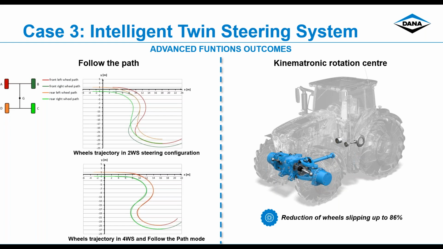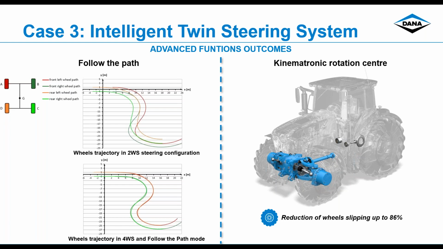The second advanced function is called the Kinematronic rotation center, and in this way the logical control acts to reduce the Ackermann errors for the wheels, and it allows a reduction of wheel slippage of up to 80%, and also a reduction of fuel consumption and tire consumption.